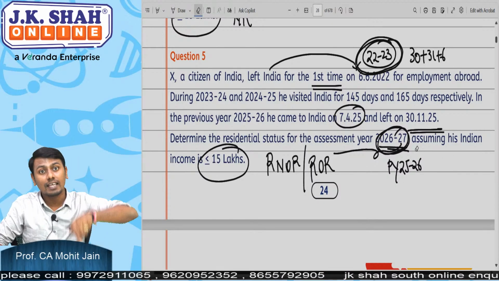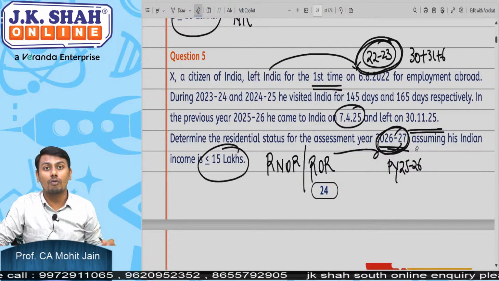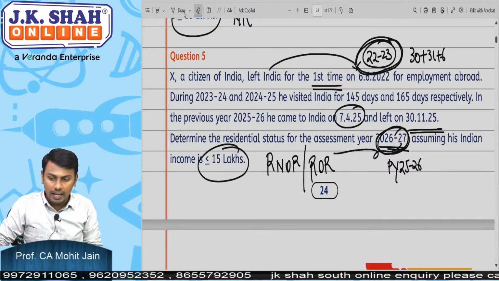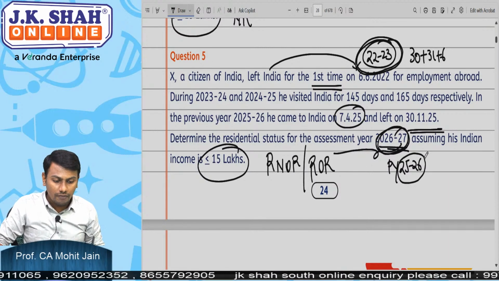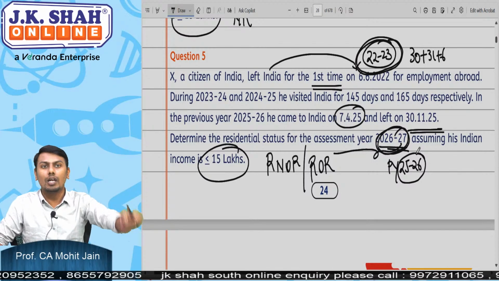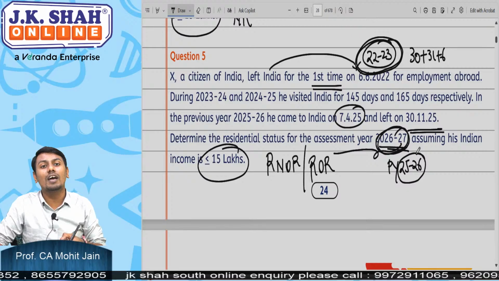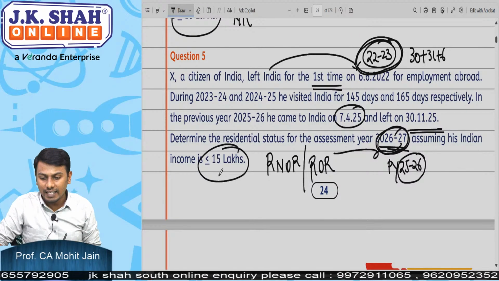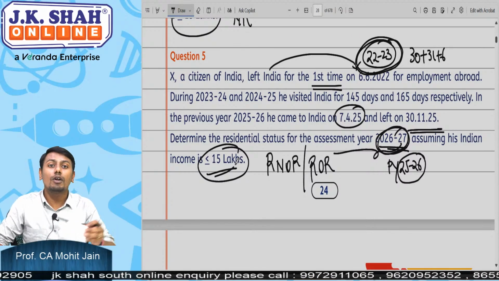That is, in that year, he is going outside India for what? Employment. But in the year 25-26, don't you think he is already outside India? And during the year, he is only coming to India for a what? Visit. And his Indian income is less than equal to 15 lakhs.